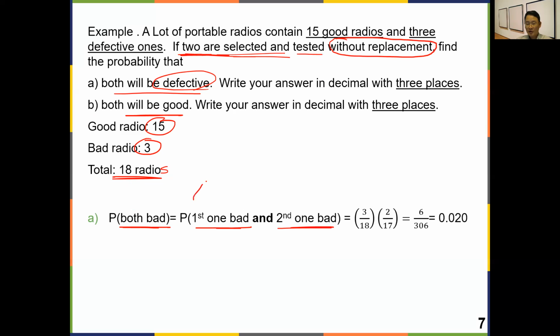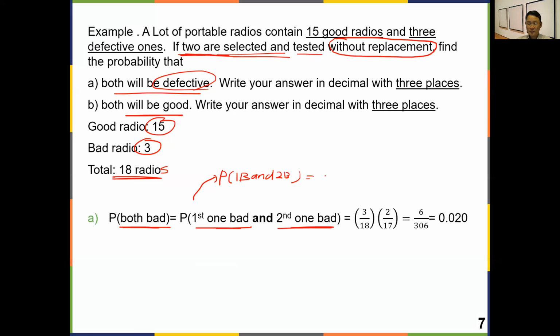So if you apply the actual conditional probability formula, it will be the probability that the first one is bad and the second one is bad.